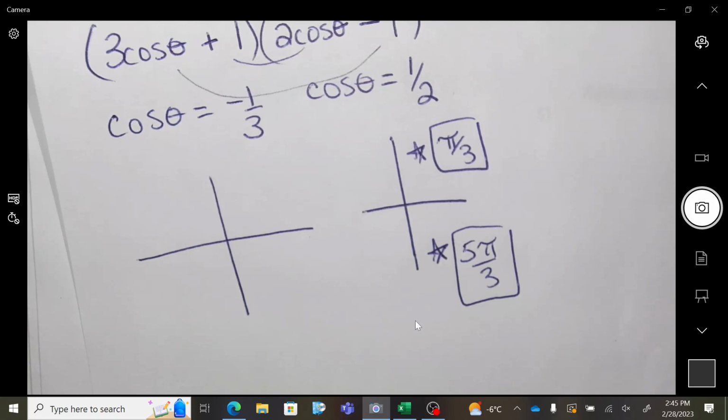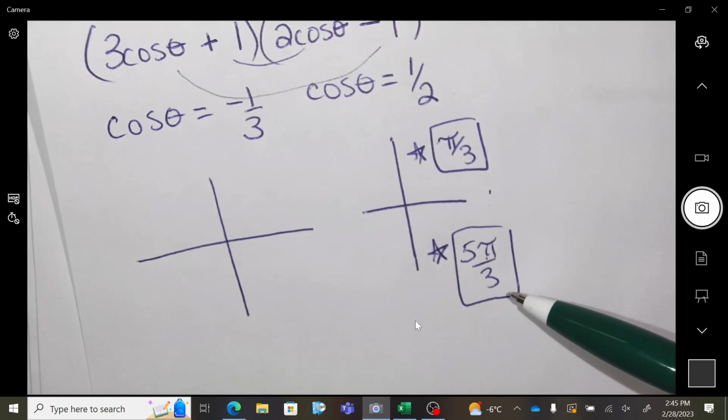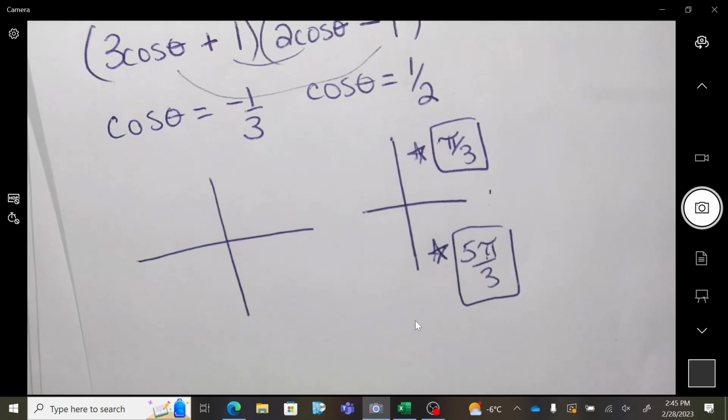I can go anywhere in the full circle to answer the angle. It says 0. Does that mean I can't go below? You can't go below, so you can't answer me a negative angle. Like for here, this would also be negative pi over 3. That would be that location, but I can't answer that because it doesn't allow me to answer negative.